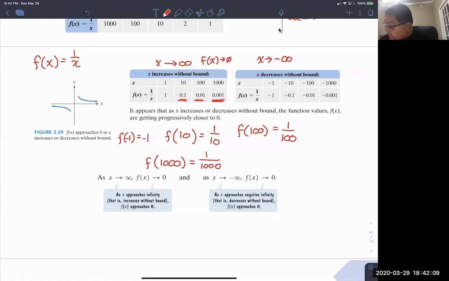Notice, a similar thing happens as x gets more and more negative, so goes to negative infinity, f of x is also getting closer to 0. So as x is going to negative infinity, f of x is going to 0 as well.